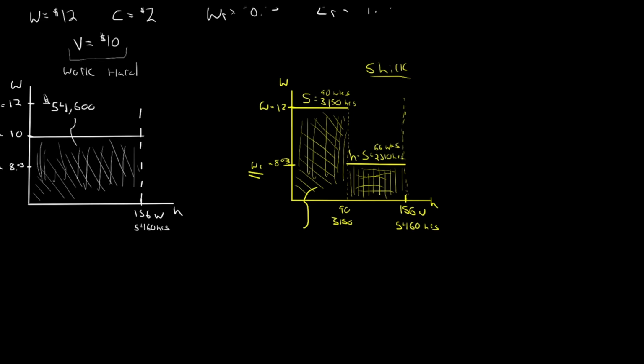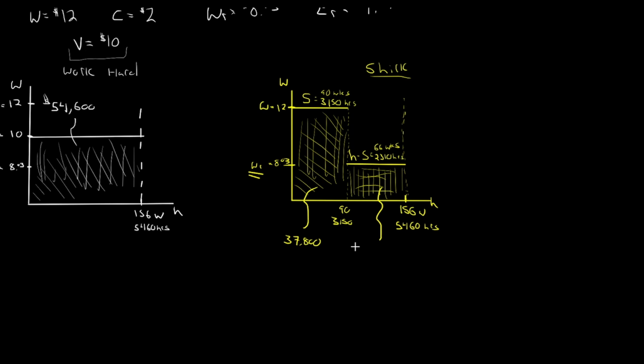That's going to be $12 an hour for 3,150. Total payoff, 37,800. Total payoff during that time earning her reservation wage. So that's 803 an hour times 2310.